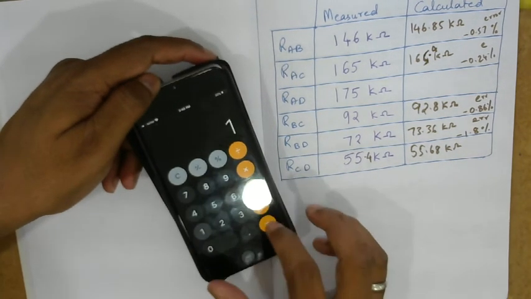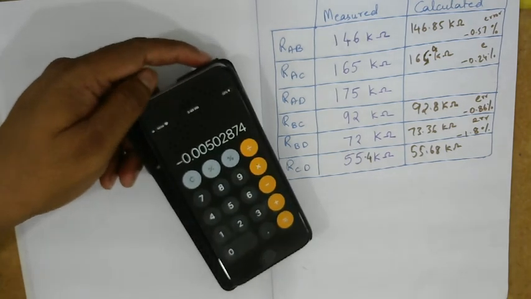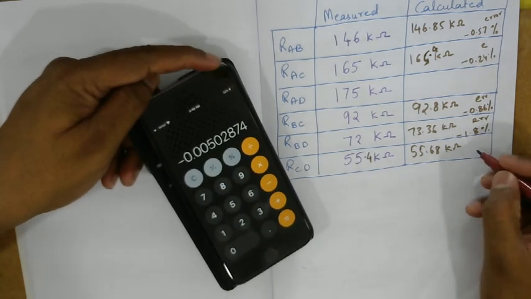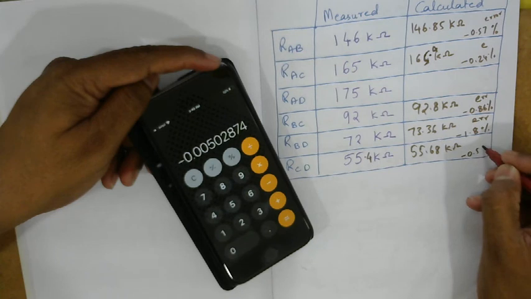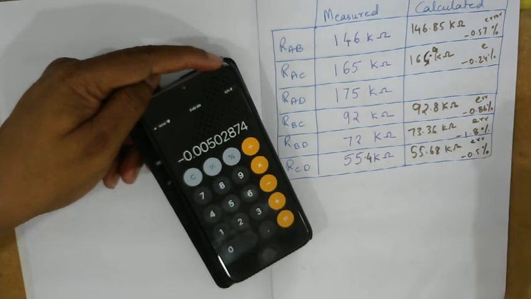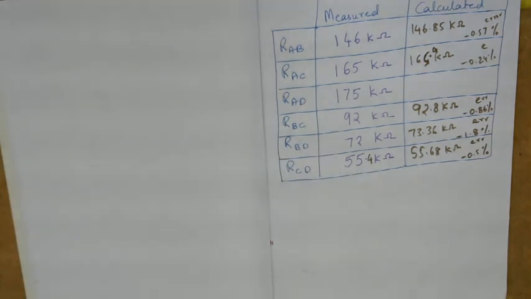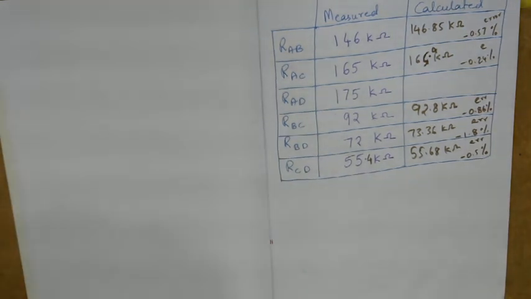So if I subtract from 1, the error is about half a percent. Okay, so 0.5% is the error in the measurement. As I said, as long as the error is below 1% or below 5%, it is good enough.